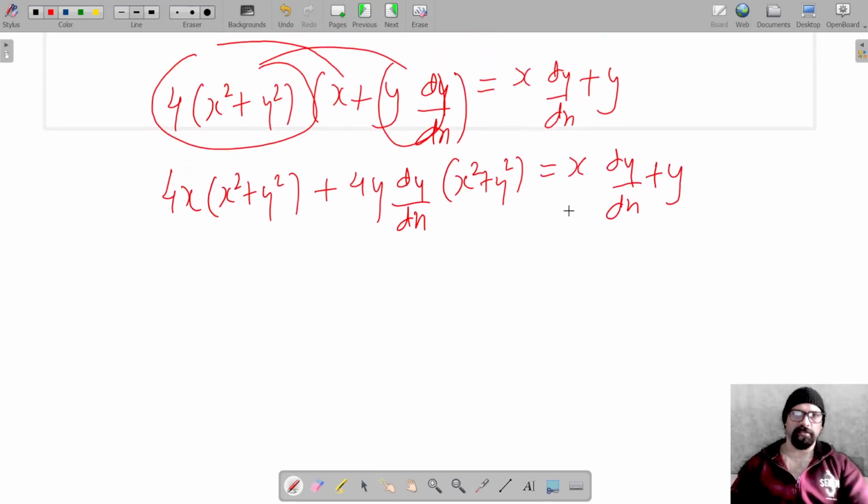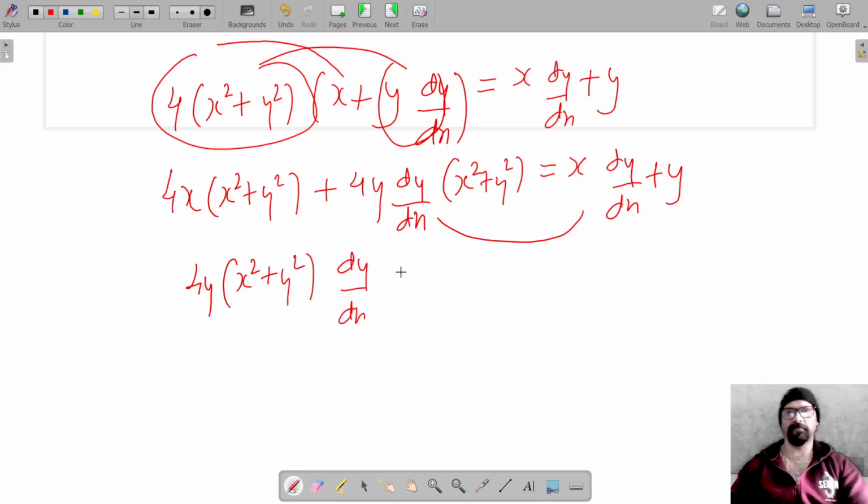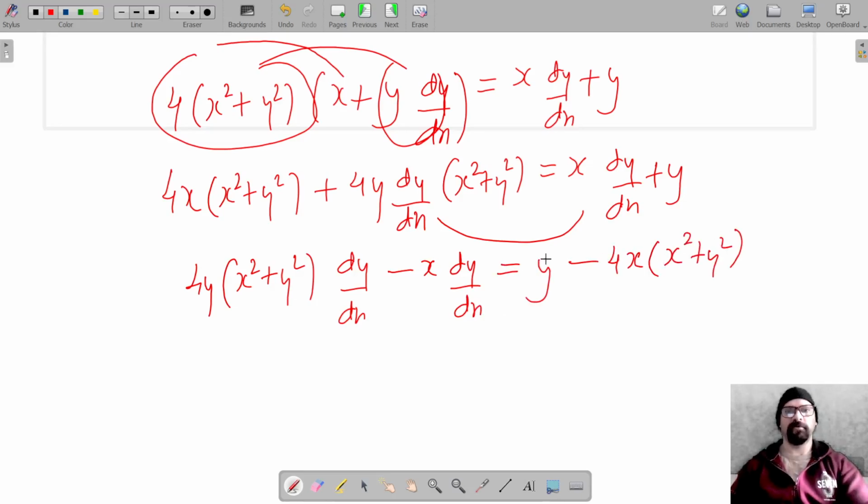So if I club this on one side, this is 4y (x squared plus y squared) dy by dx minus x dy by dx is equal to y minus 4x into (x squared plus y squared).